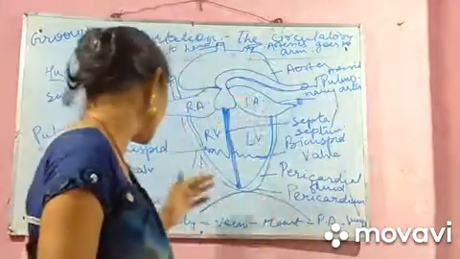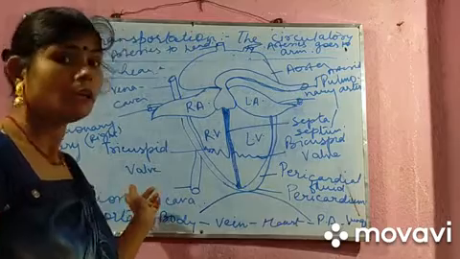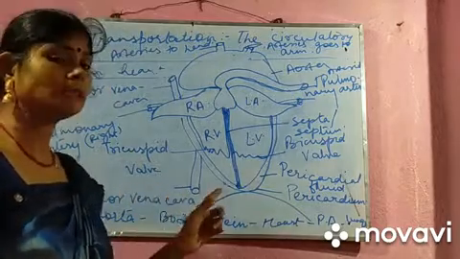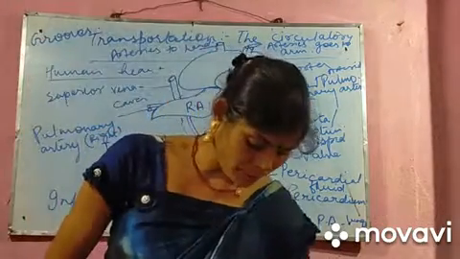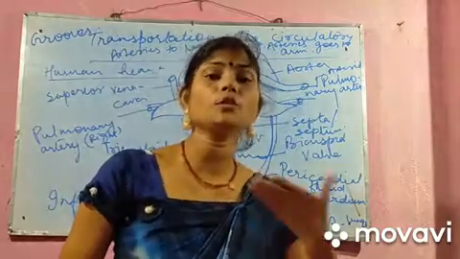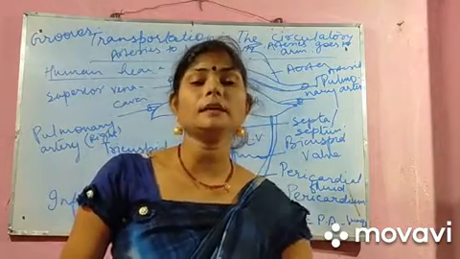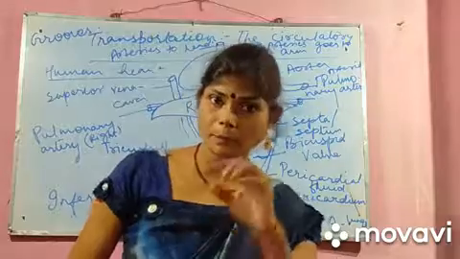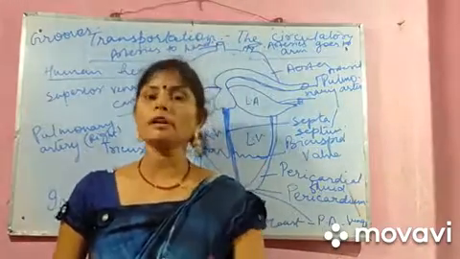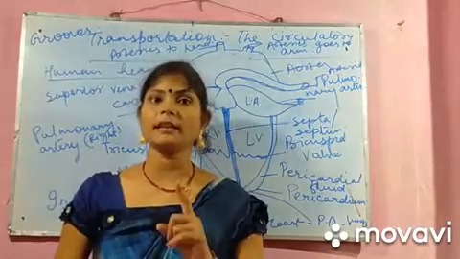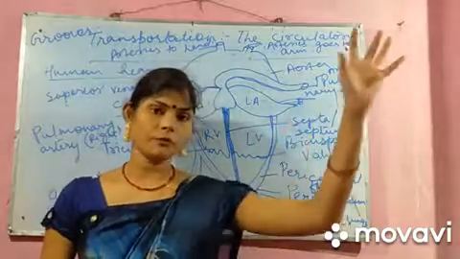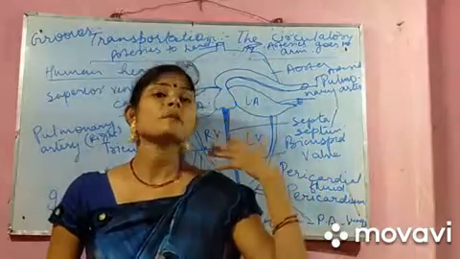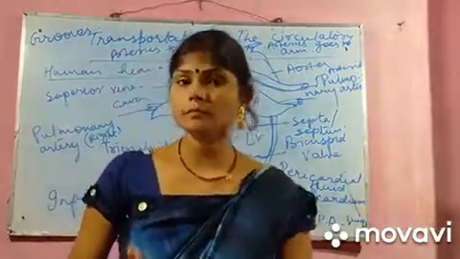In the same way, in the posterior part we have the inferior vena cava, which brings blood from different parts of the body just below the heart back to the heart. The inferior vena cava brings blood from the lower part of the body to the heart, and the superior vena cava brings blood from the upper part of the body to the heart.